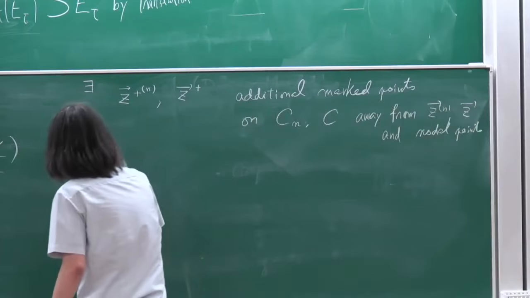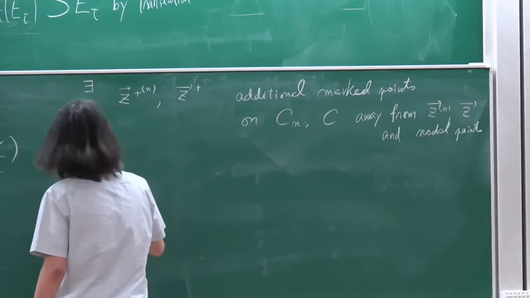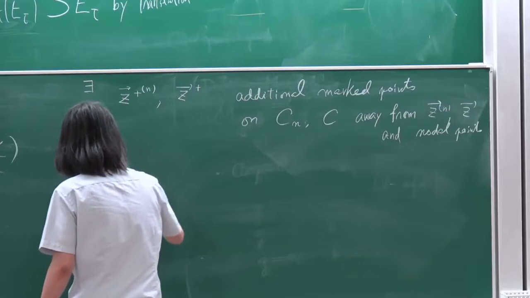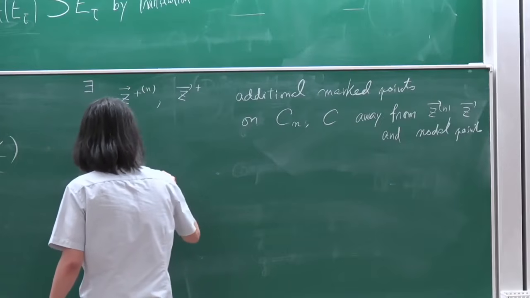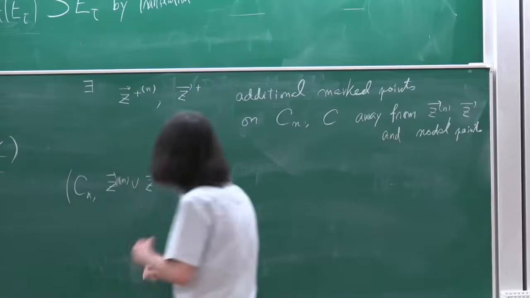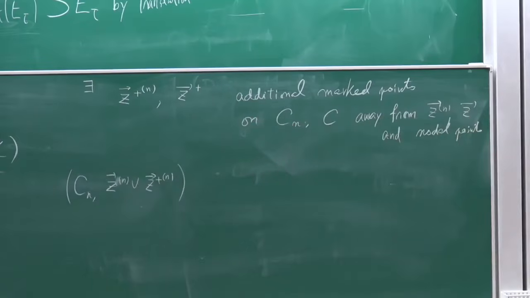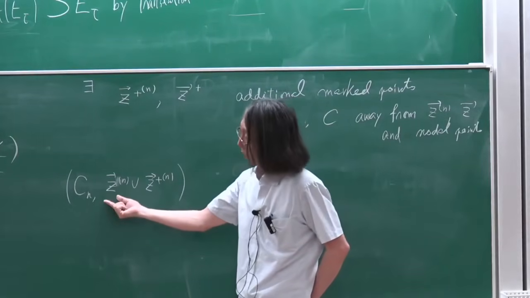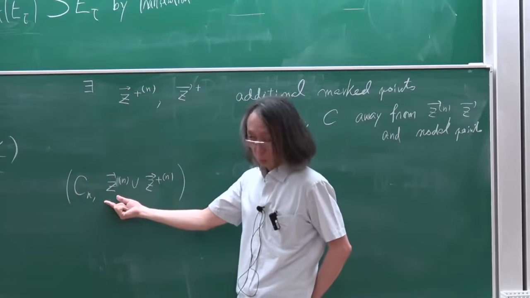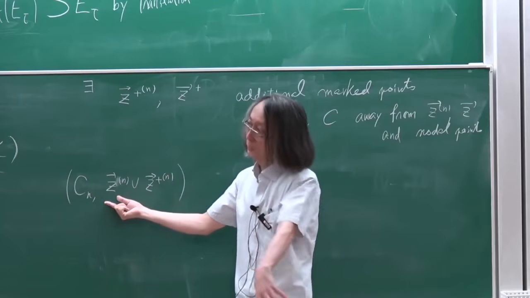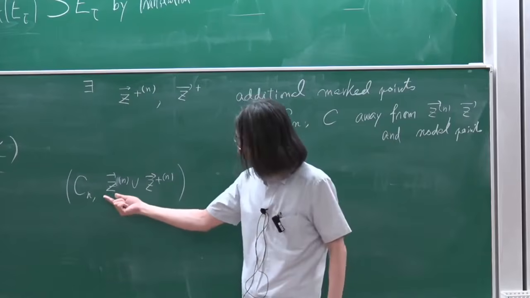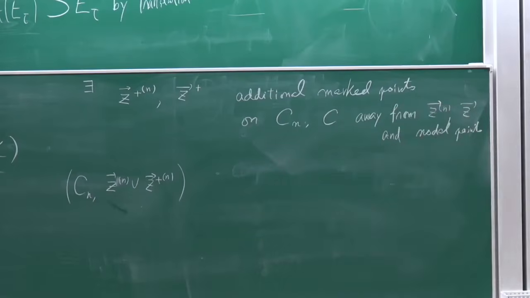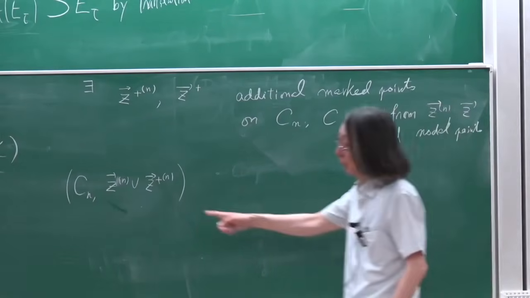And then if you consider Cn, and then Zn union Zn plus, so I add mark points. Originally I have k mark points, and then the domain may not be stable because the map may be non-constant there. So the domain may not be stable. But by adding a certain number of mark points, certainly we can assume the domain is stable. But anyway, so this is the first one.